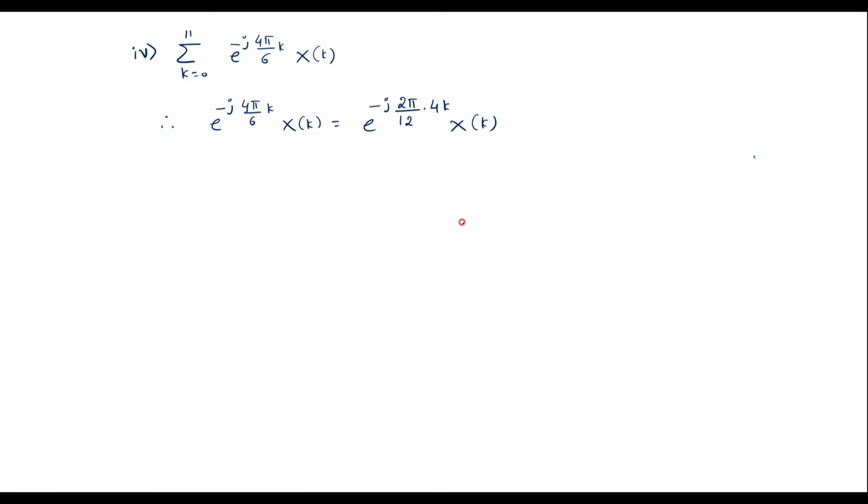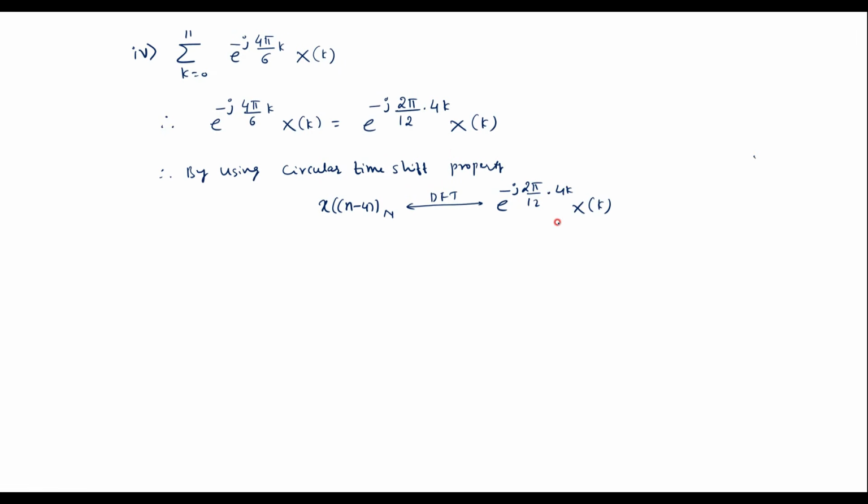So we know the circular time shift property: the DFT of x of n minus 4 is given by e power minus j 2 pi by 12 into 4k x of k. It means that the IDFT of this function is nothing but x of n minus 4.